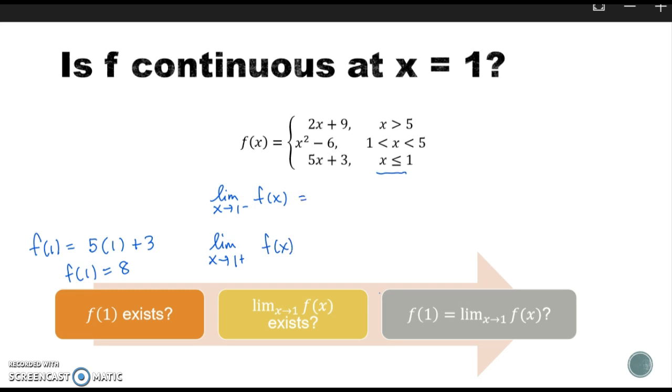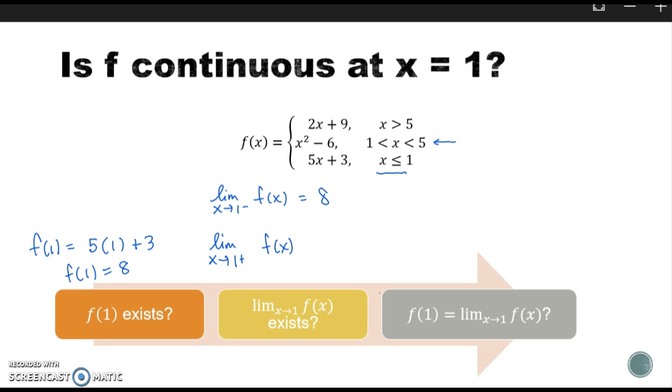So as x approaches 1 from the negative direction, I would use this middle part of the definition, because those are, oh, nope, I wouldn't. I would use the bottom part of the definition, because that's where numbers are smaller than 1. We've already used that part of the definition, so we know that that's 8.